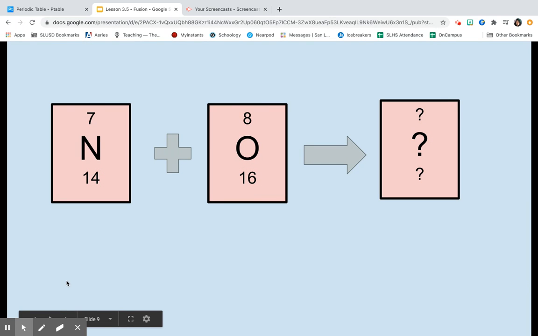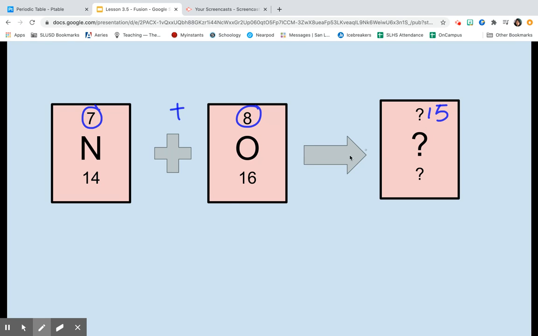All right, so go ahead and pause this video. See if you can do this one, and unpause when you're ready. All right, so this one's going to be 7 plus 8, so that gives me an atomic number of 15, or 15 protons. My bottom number is going to be 14 plus 16, so that's a mass of 30.